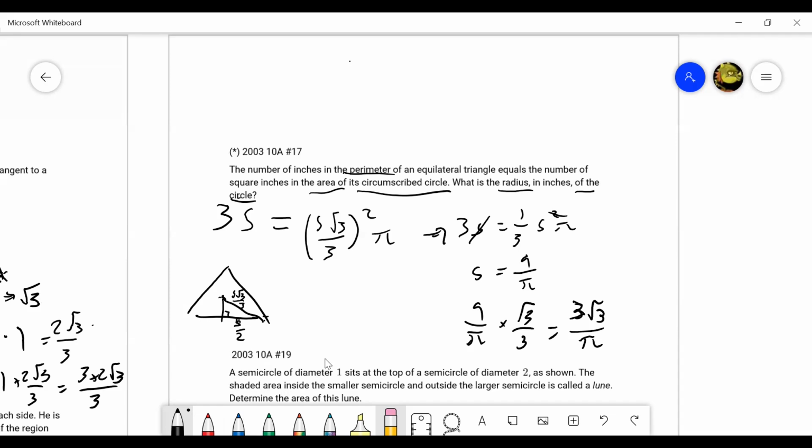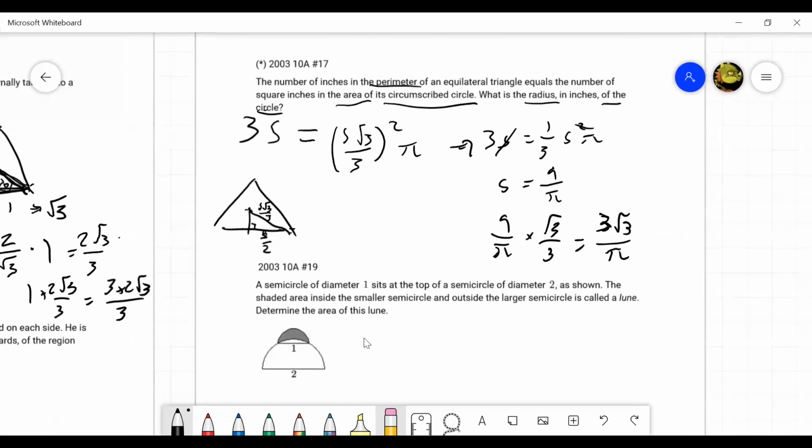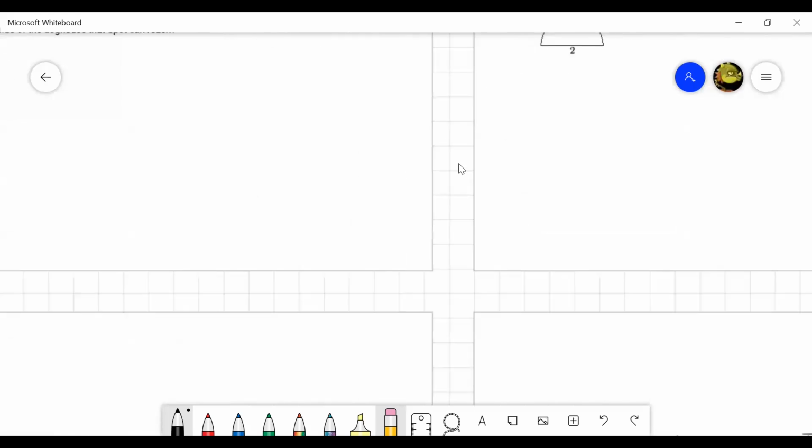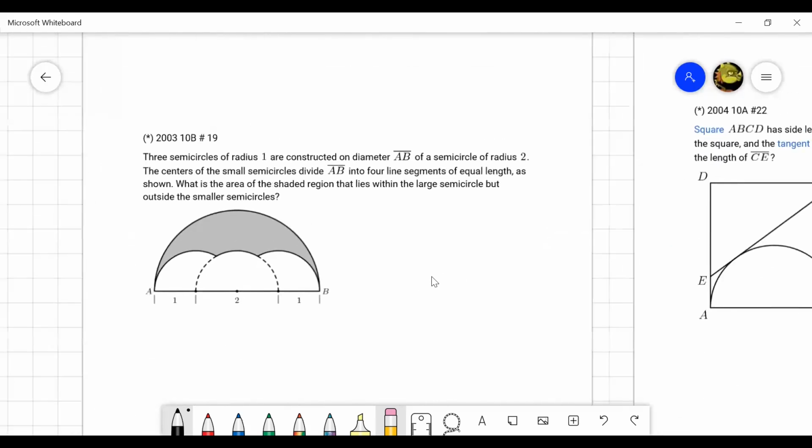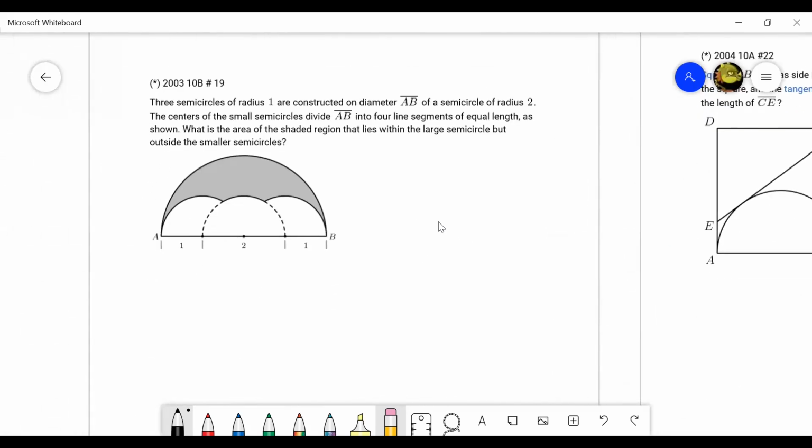All right. Okay, let's move on to the next problem, because this one's interesting. We have 3 semicircles of radius 1. You can see that they're overlapping with each other.